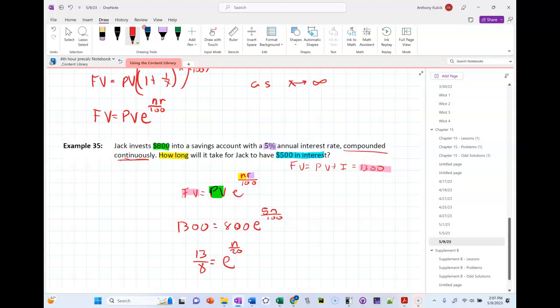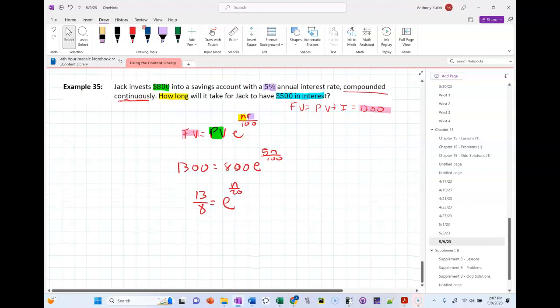All right, what do I need to do next? No multiplication. How do I cancel out that exponent base of e? I need to use a log. Great, which log? Log base e, which is the natural log.